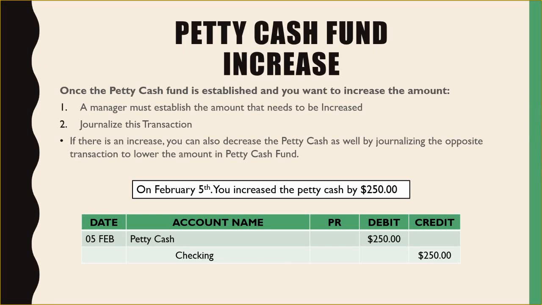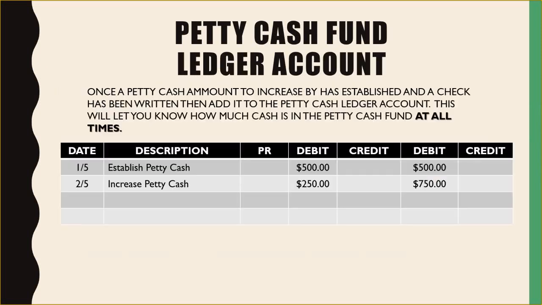Right? So that's why this is like this. So now I need to add more money to my petty cash drawer, and I'm adding $250. So here's my ledger. Okay, so there you go. I'm going to increase it. So now I have a total amount of $750 in my petty cash drawer to have available to use.